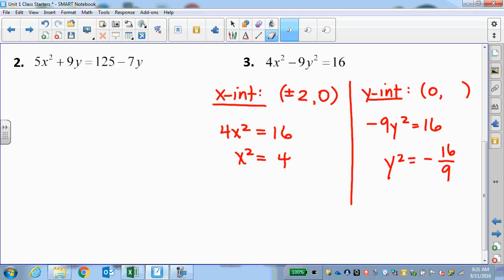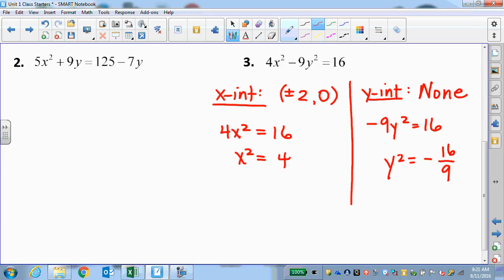It's got to be positive, right? If I take 2 positive numbers and multiply them together, I'm going to get a positive. If I take 2 negative numbers and multiply them together, I'm going to get a positive. So if I'm squaring something, there's no way it can equal a negative number. Okay? And so that's where imaginary numbers came in. But when we talk about graphing, we're not going to graph imaginary numbers. So what that means in this case is there are no y-intercepts.